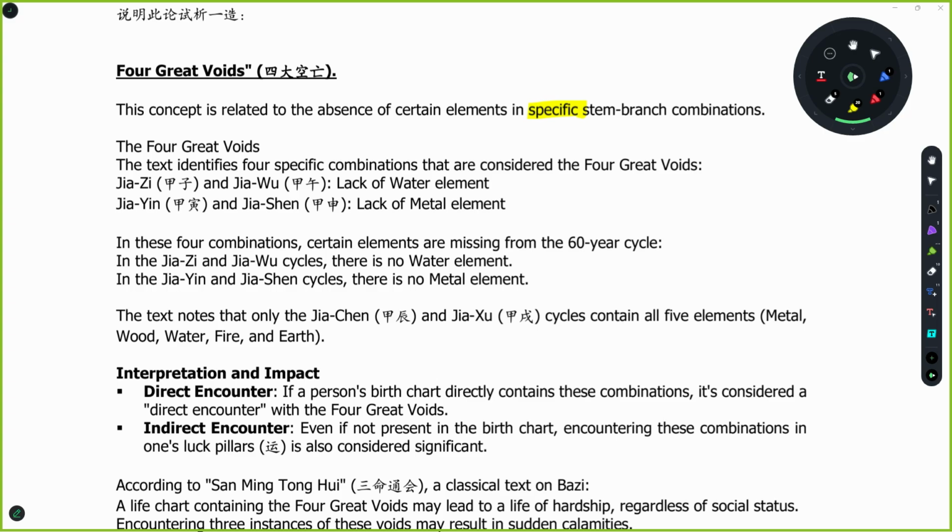if you have this. So here we may find that the 4 great voids will be just the Jiayin and Jiashen. Therefore, these 4 are also known as the 4 great voids. And the 4 great voids indicate that there is a missing element.